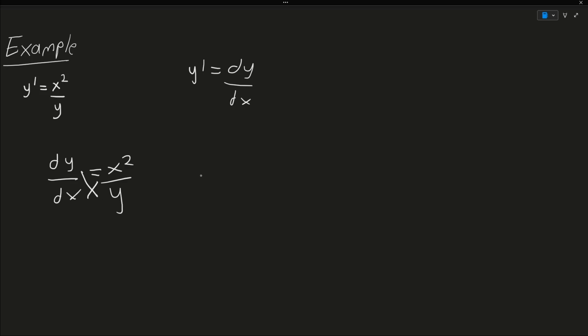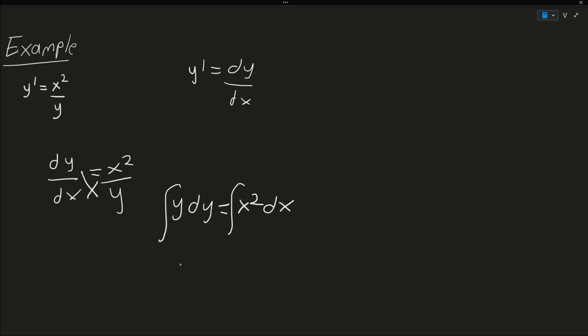So we're going to cross multiply, or multiply both sides by y and by dx. I'm just going to cross multiply, which is an algebra trick, and you get y dy equals x squared dx. Awesome. Now I have my y term with dy, and my x term with dx, so it can be integrated very easily.